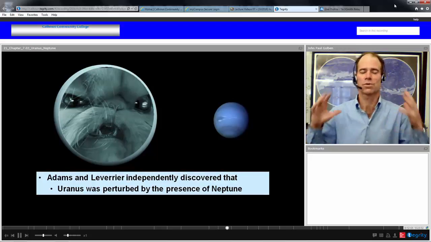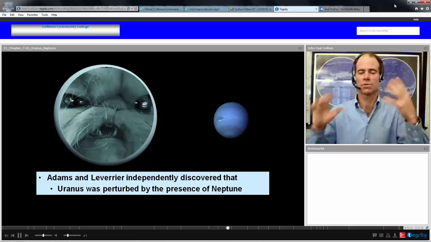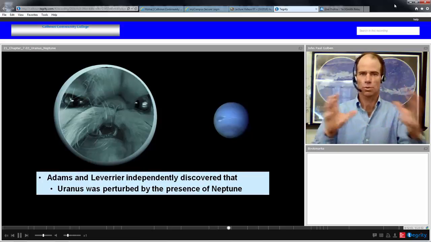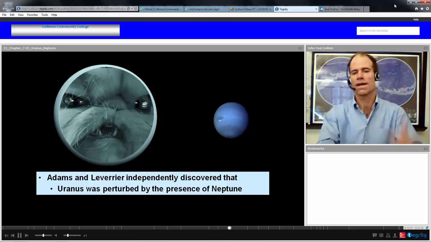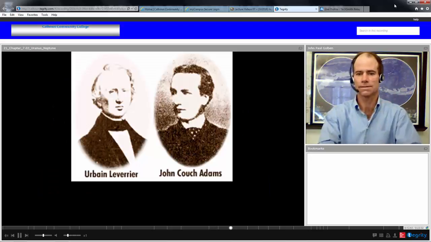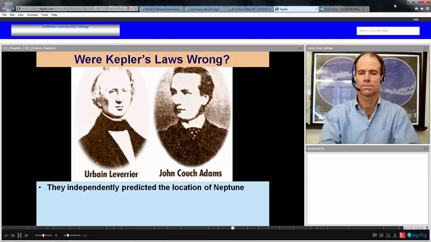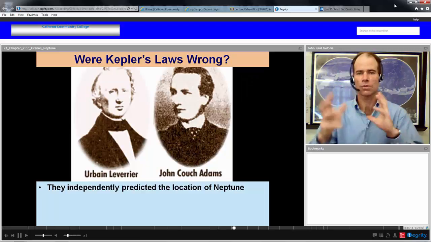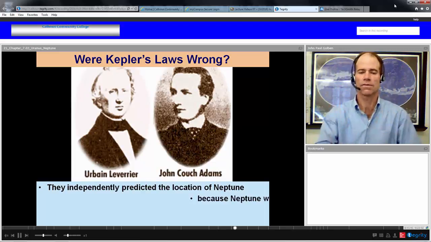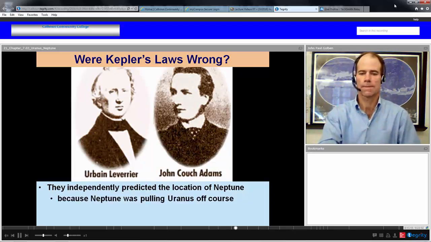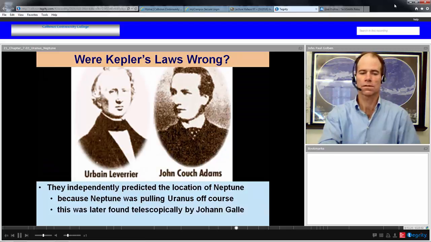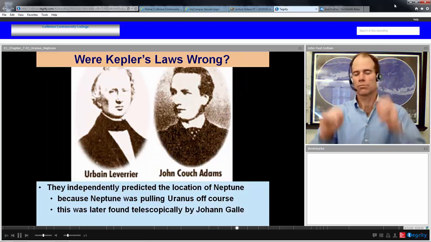Now, Uranus was perturbed in a different sense, as perturbed by the gravity of Neptune, which pulled it a little bit off course, and hence these two astronomers were able to predict that Neptune existed. Leverrier and Adams. So they independently predicted the location of Neptune based on the perturbation of the gravity of Uranus. Uranus is being pulled off course. And so they predicted this position.